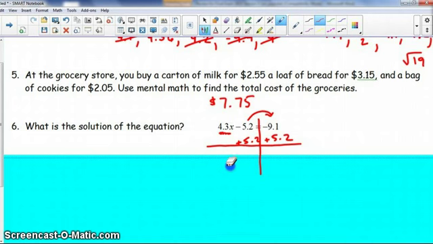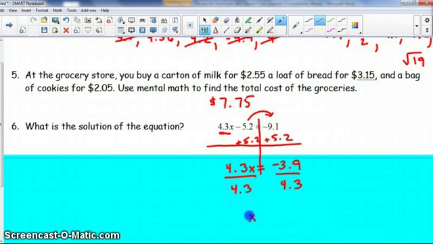After I add 5.2, I bring down 4.3x equals negative 3.9. Then I have to get rid of the 4.3, and to undo multiplication, I divide both sides by 4.3.